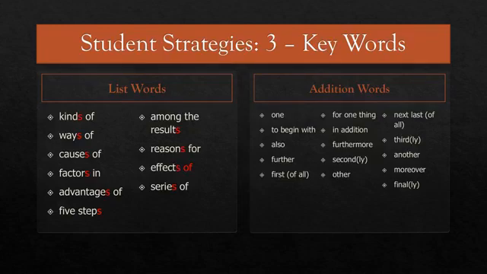And so when a writer writes kinds of or ways of, well then we know that the following passage is going to be organized by those kinds or those ways or those causes or those factors, and that we're going to have multiple. Often there'll be an identifier before, so maybe 5 kinds of or 2 reasons for.